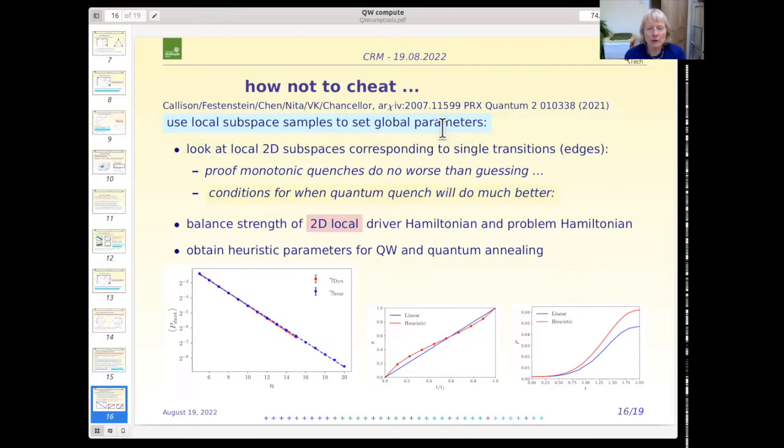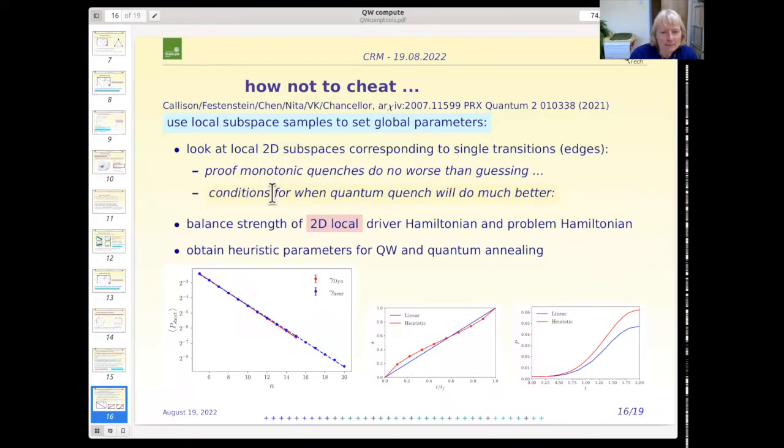I explained how we did it globally for the spin glasses, and that's essentially what you have to do very precisely to set gamma for the search problem. But now what we do is we look at these local subspaces and say, what would be the best gamma for this subspace? What would be the best gamma for another subspace? And then we average over them. And if you've got a broad set of gammas, a broad peak for the probability, if it's not too sensitive to the value, this will give you a good estimate to use for solving the problem globally.